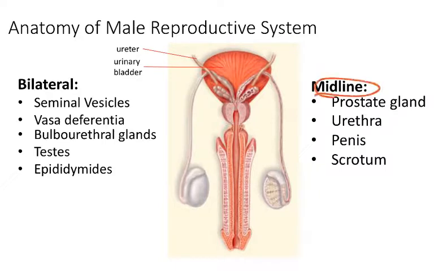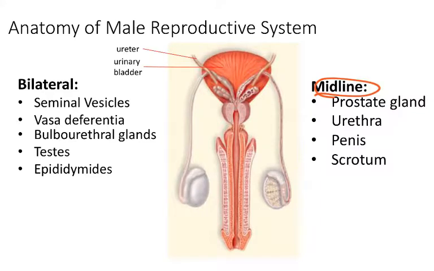Those are located on the midline of the body and include the prostate gland, the urethra, which is part of the urinary and reproductive system in males, the penis, and the scrotum. There are also bilateral structures, the seminal vesicles, vas deferentia, bulbourethral glands, testes, and epididymis.